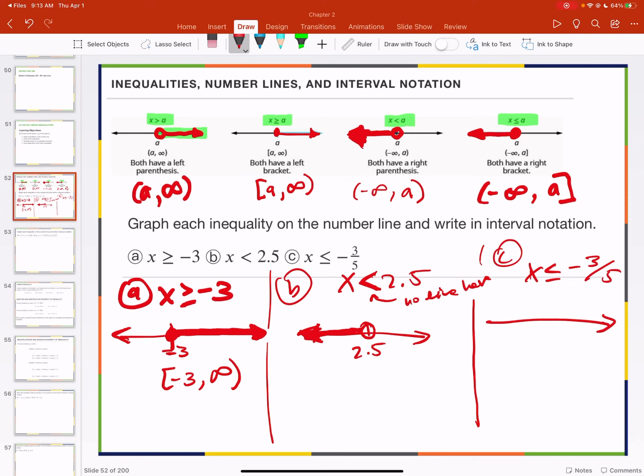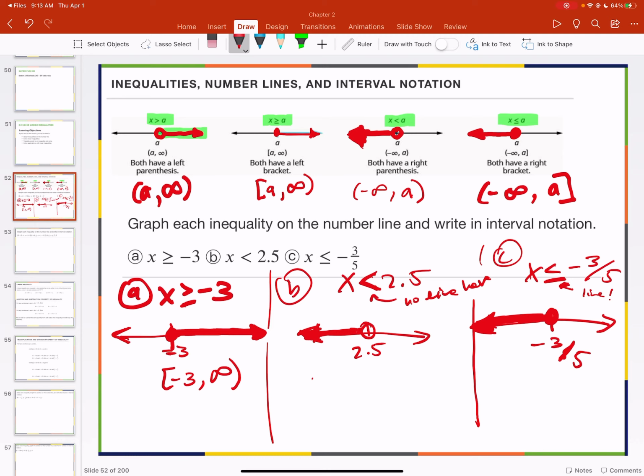-3/5. So here's your number line, -3/5. You include it because there is a line here, right? That's the line right there. And then you graph to the left. And you make sure you put in the arrow. Oh, so let's not forget interval notation.